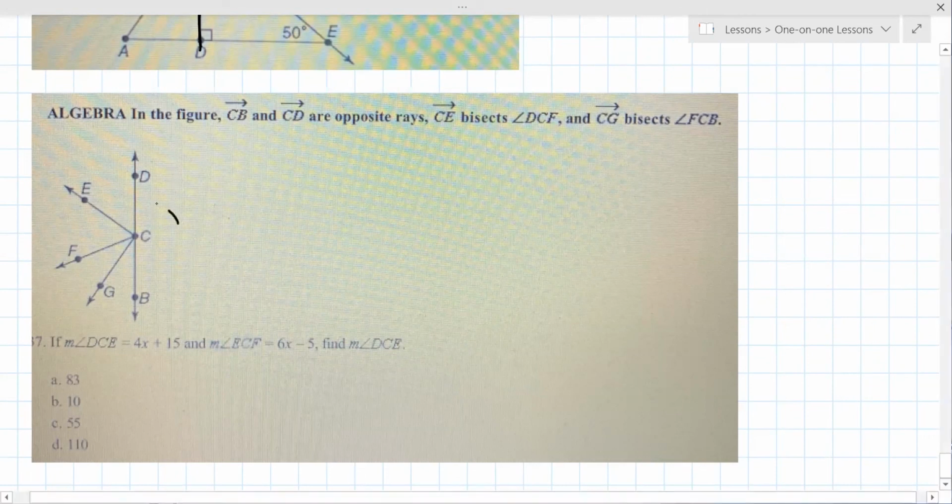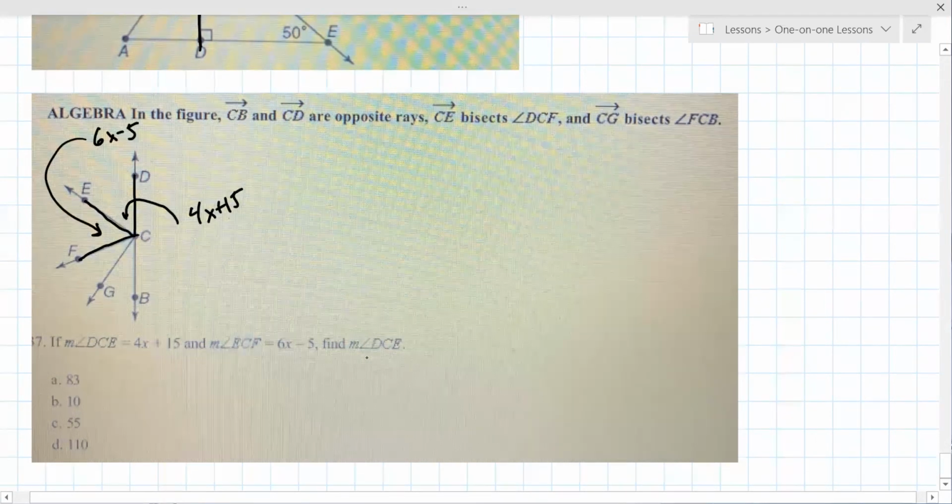So this one right here, D to C to E, is 4x plus 15. And the measure of angle E to C to F, that one right there, is 6x minus 5. It wants us to find the measure of angle DCE, so we need to know the value of x, which we don't know.